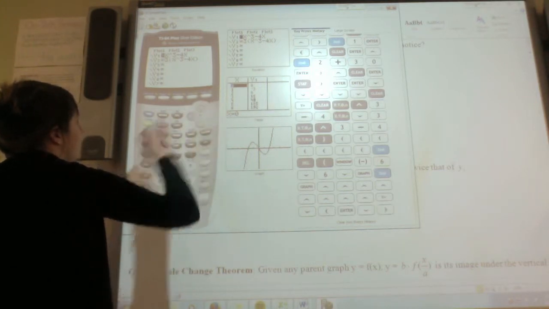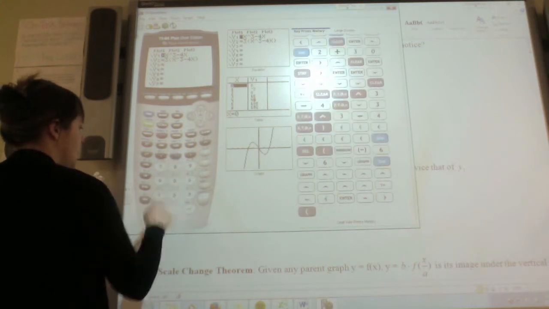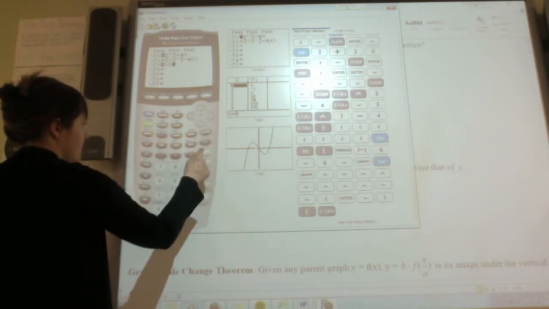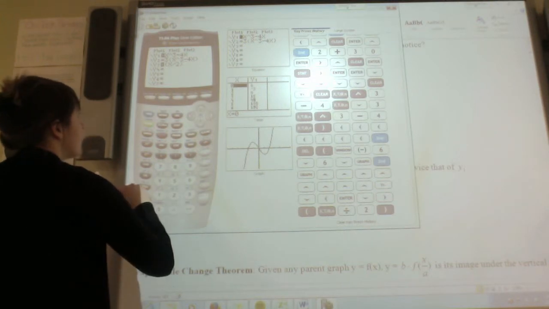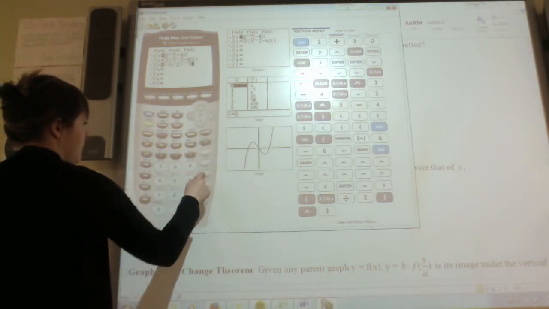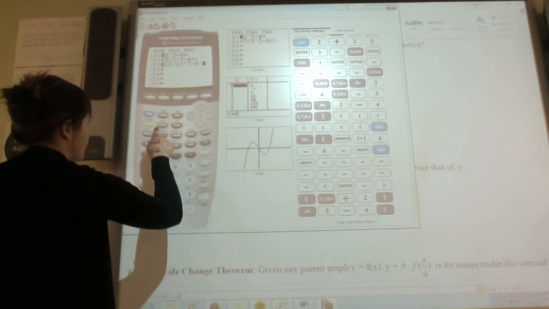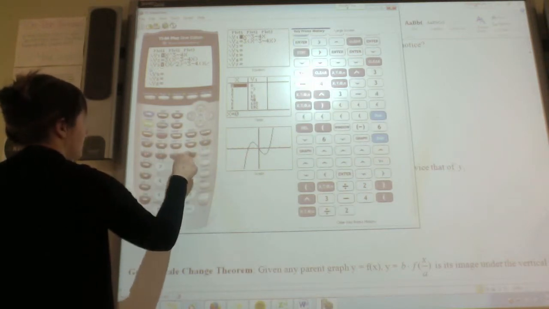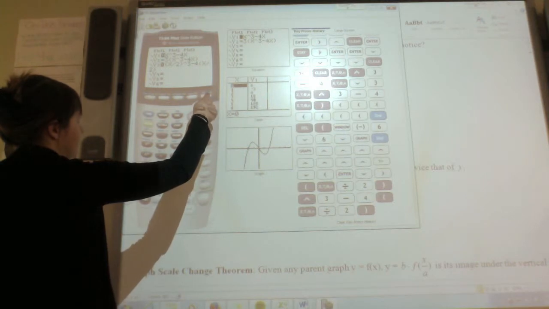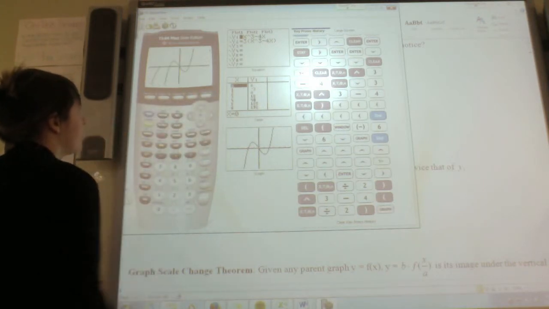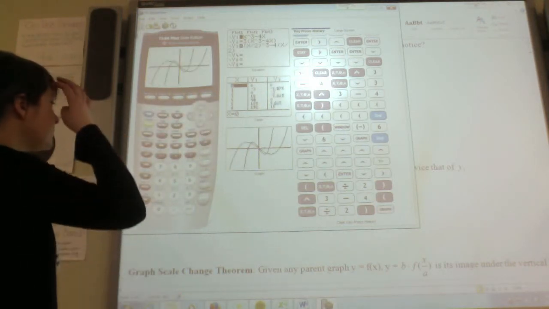Okay, and then in my y3, I'm going to type in this new function, which is x over 2 to the third minus 4 times x over 2. Okay, and I'm going to graph those on the same window.